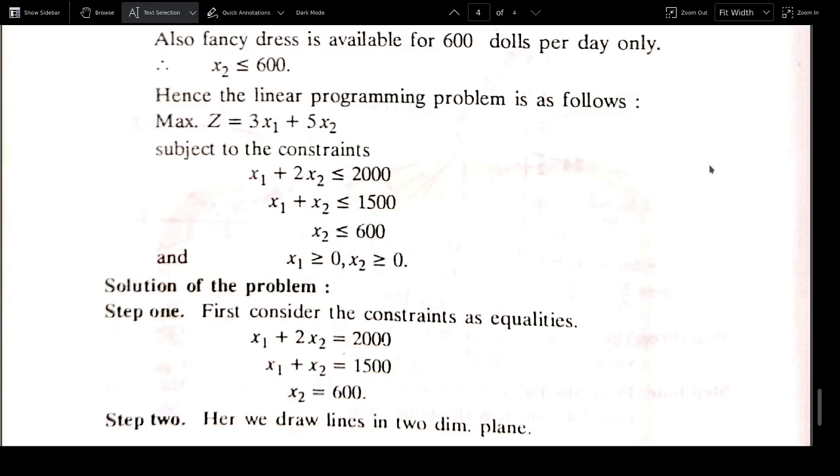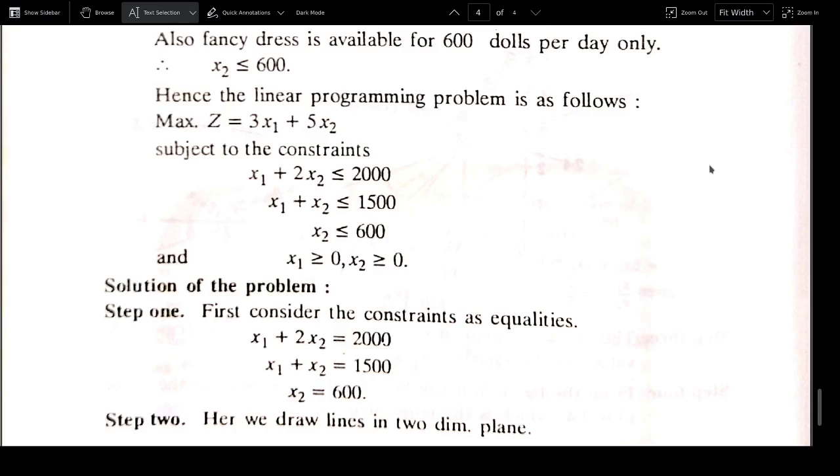You can solve it in a graph. You can consider here, because you see the maximum value is 2000. So you can consider on the x1 axis 500, then 1000, then 1500, then 2000. And on the x2 axis similarly you consider 500, 1000. Why?